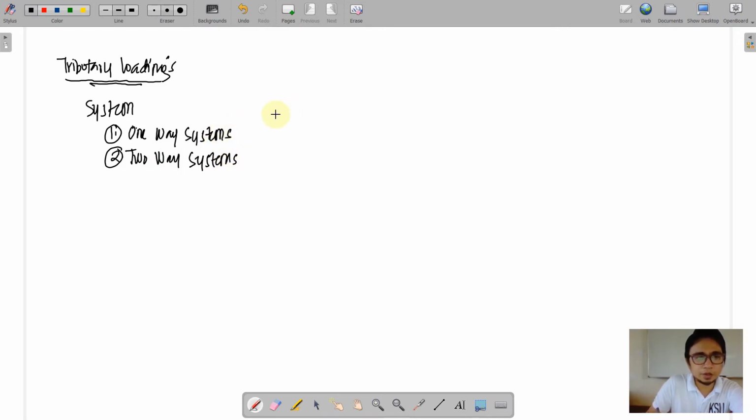If we have a one-way system, there is a significant difference between the short and the long dimension. To illustrate that, let us consider a certain slab. Okay, say this is the slab.